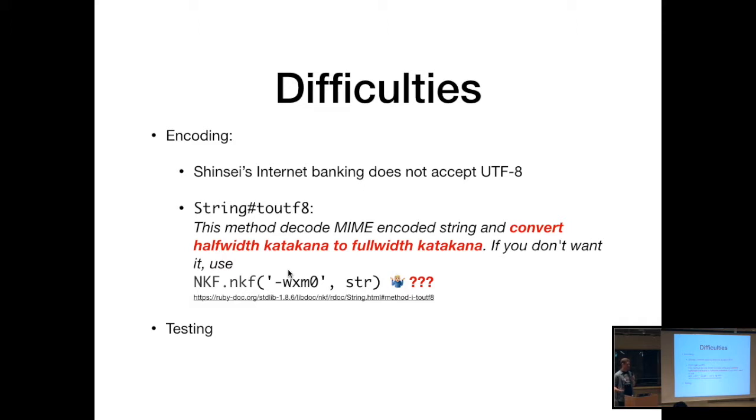For example, the simplest thing, my account is a checking account, which in Japanese is futsu, and to designate that, they use the half-width katakana fu. So I get that from Shinsei, re-encode it, and when I send it back to Shinsei in my next request, it's not half-width anymore. The request fails.